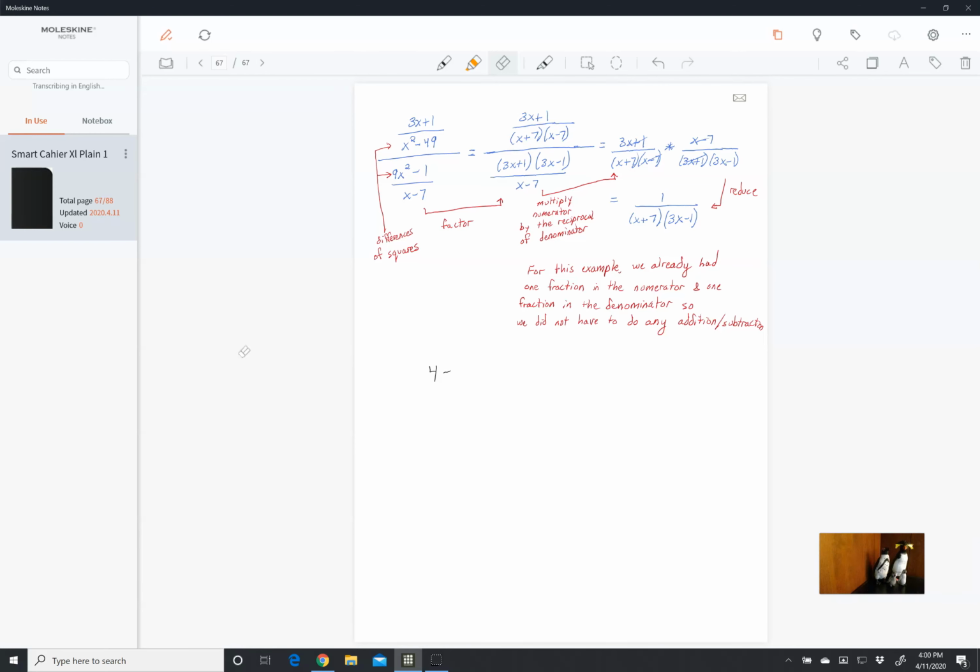Let's say that we have 4 minus 1 over x squared, and then we're going to divide by 4 plus 4 over x plus 1 over x squared. So this is our original problem. I encourage you to pause the video, try this on your own, and then restart the video and see if you can do it.